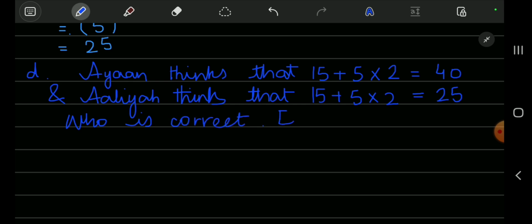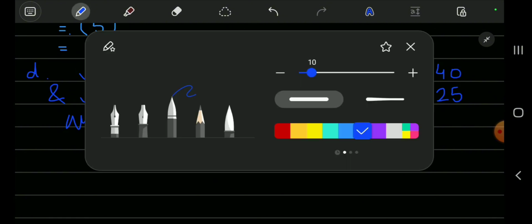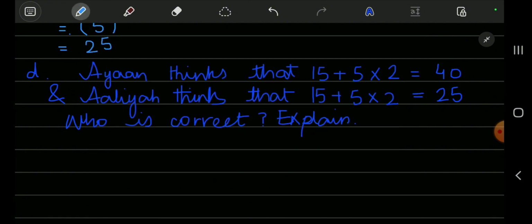Explain your answer. Okay, so obviously this is a very easy question, but I am just giving you a type of question that you can have.